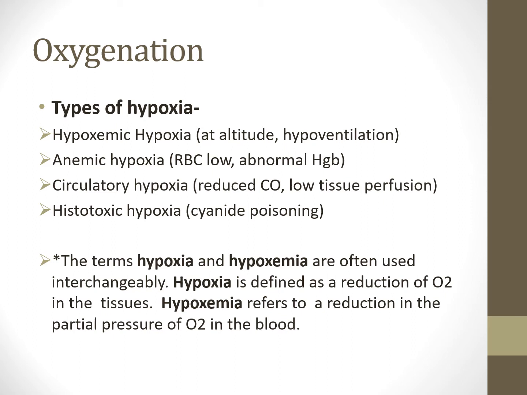Anemic hypoxia would be a low red blood cell count, low hemoglobin. Circulatory hypoxia would be due to reduced cardiac output, which leads to low tissue perfusion. Histotoxic hypoxia would be related to cyanide poisoning.